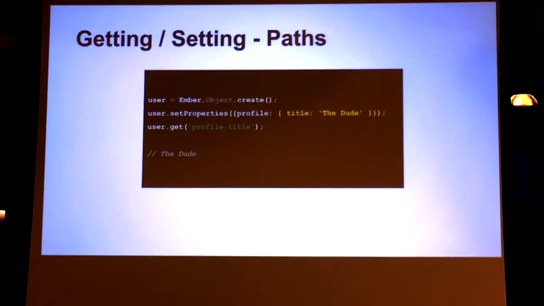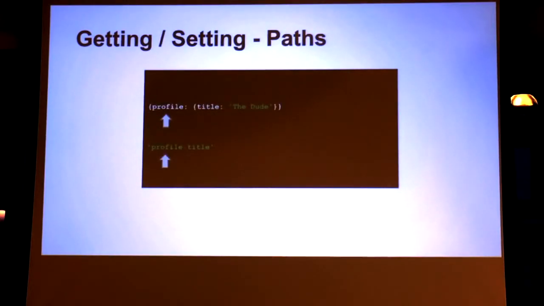The convention in Ember is that we do the path that's going to link to the keys, and each segment is separated by a period. So just to demonstrate that here, profile links to profile on the segment, title links to title, and then we have the period separation. This is referred to as the path when you're actually getting off of Ember.